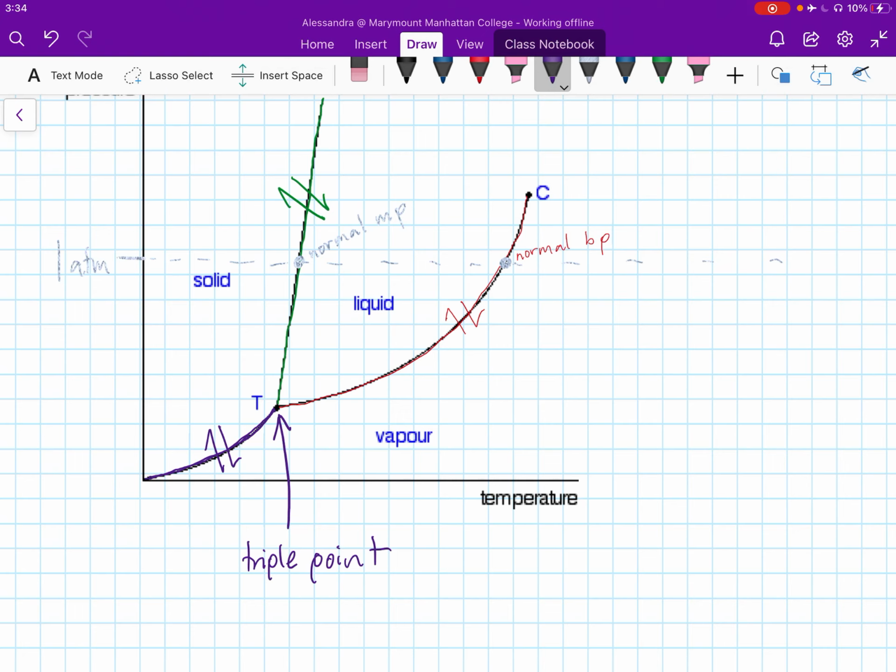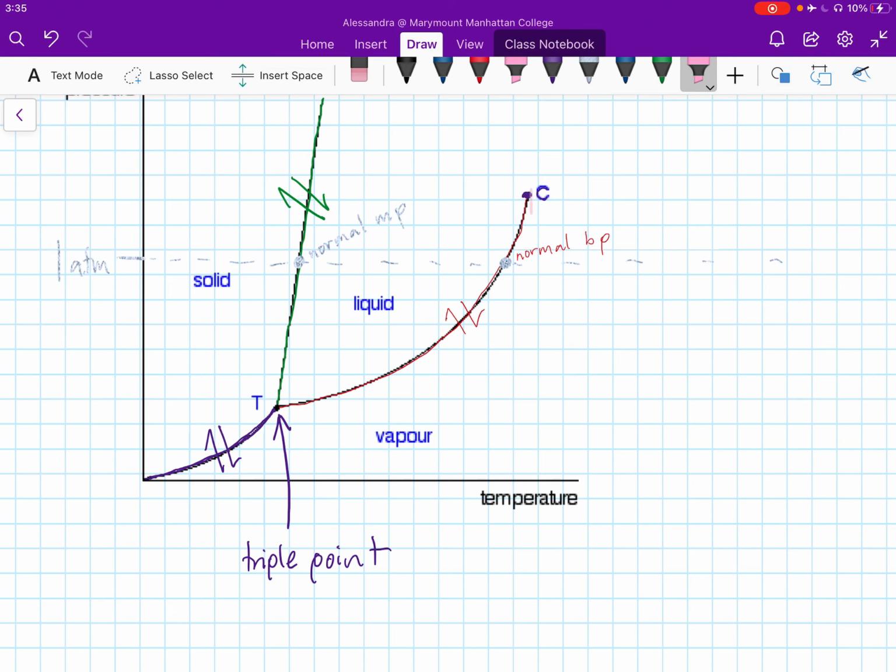The solid, liquid, and the gas are all in equilibrium at that triple point. Very unique point. What else do we have? The critical point. Okay, so the critical point here, demarcated with this C here, corresponds to a critical temperature and a critical pressure.